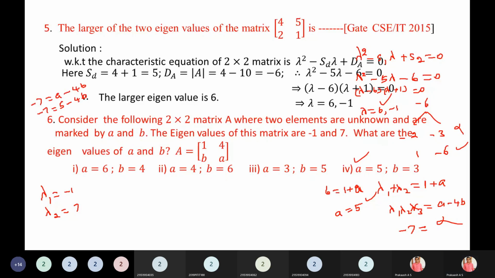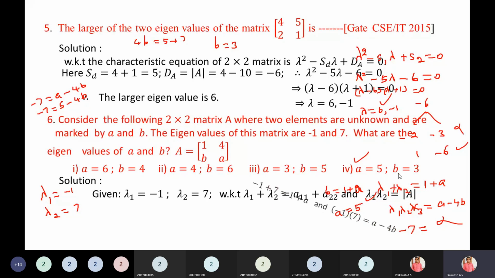If I take 4B to the left side it is plus 4B, and minus 7 goes to the other side as plus 7, so 4B equals 12, that is B equal to 3. So the fourth option is correct. A equal to 5 alone is not available in any option, so you can stop there. Your fourth option is correct.